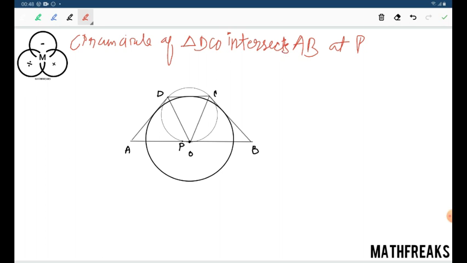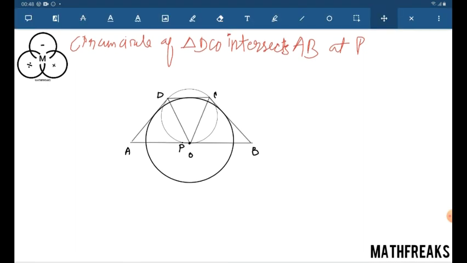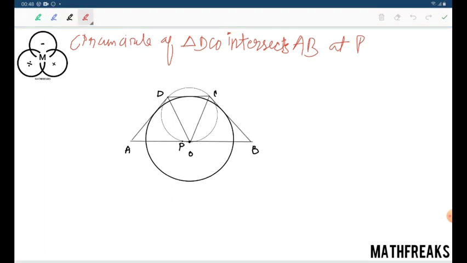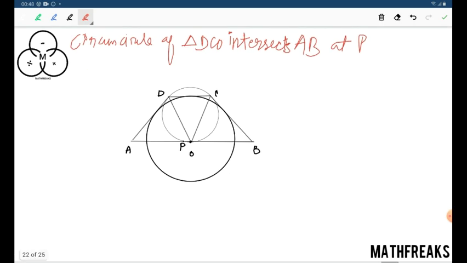Intersect AB at P. The first thing that we can prove is AP equals DP. We need to prove this. That is, triangle ADP is isosceles.